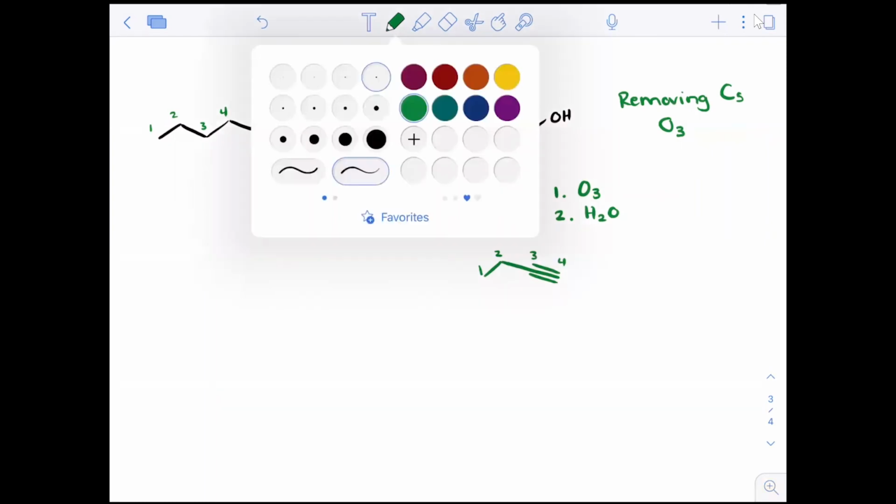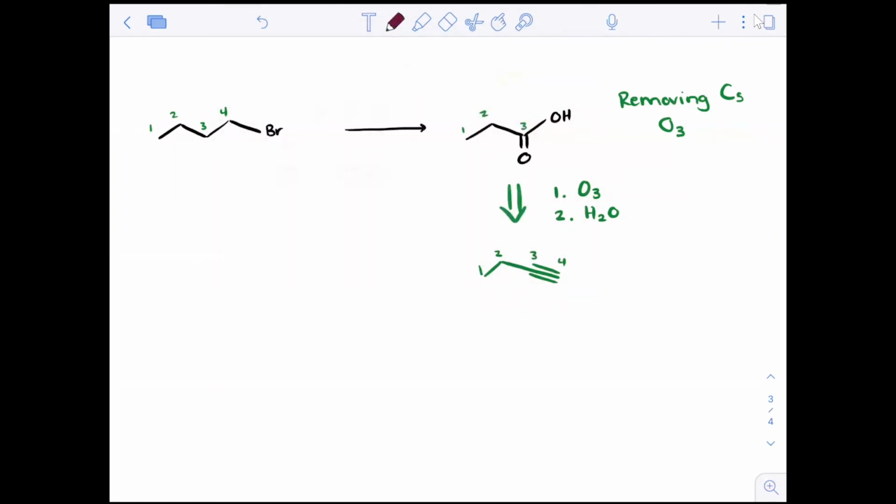So now we're a little bit closer. We have to be able to say, well, how do we change carbons 3 and 4 from an alkyl halide on carbon 4 to a triple bond? Well, I know how to make a triple bond. It's either with a vicinal dihalide or a geminal dihalide.